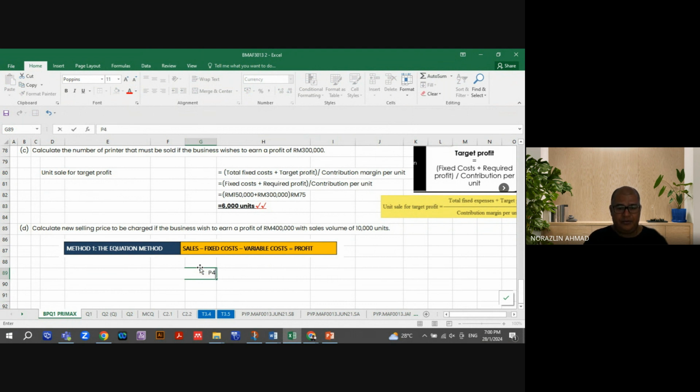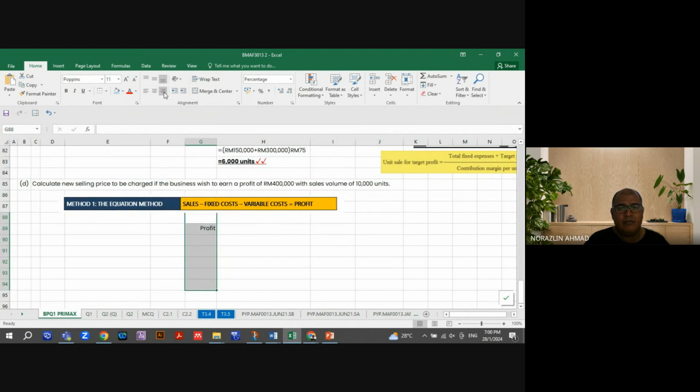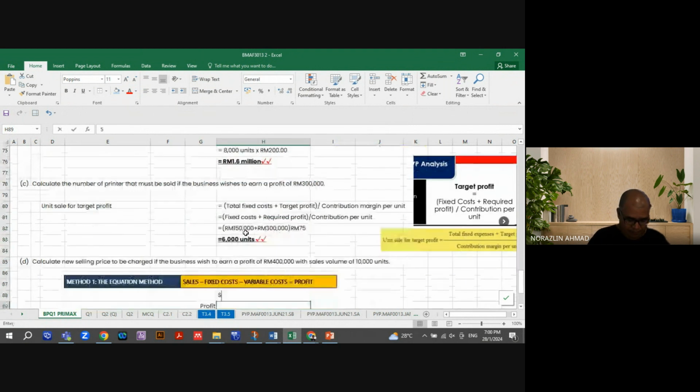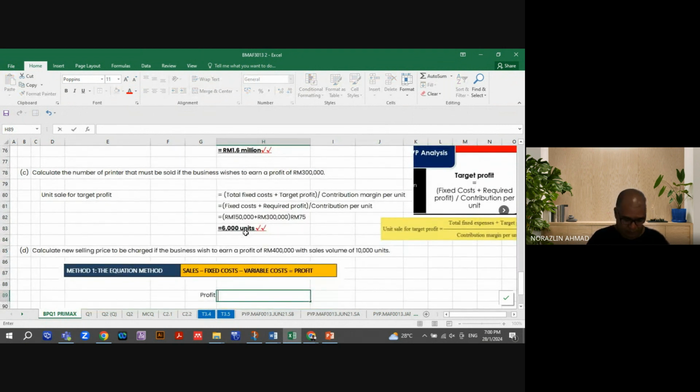In order for you to get a profit, sales must be minus by variable cost minus by fixed cost.